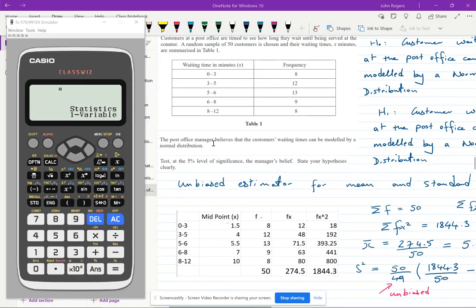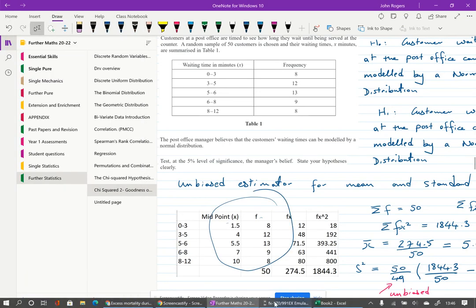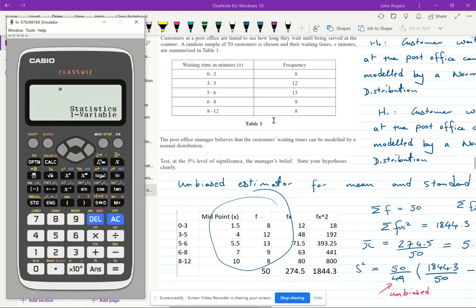Okay, so we need to be putting these numbers in our calculator, and we need a frequency column. If you don't have a frequency column, you need to make one because we obviously need frequency. So on this calculator, if we go to menu 6 and one variable, we've got a frequency column.